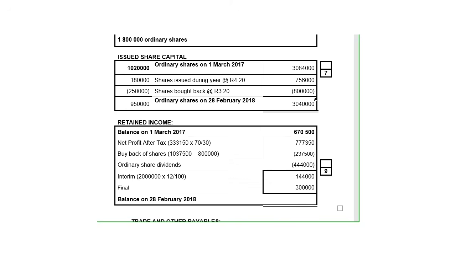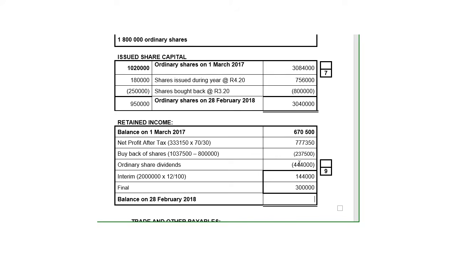Don't forget that. Okay, so I've got everything but the balance at the end. To get to the balance at the end, I take the opening balance, 670,500, plus my profit of 777,350, minus the buyback of 237,500, and minus the total ordinary share dividends of 444,000. Don't do those again.